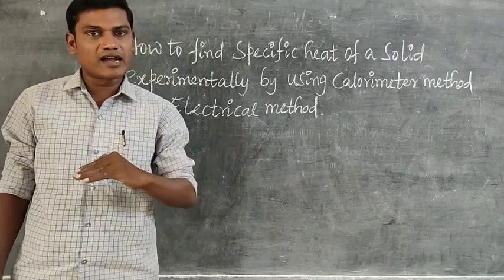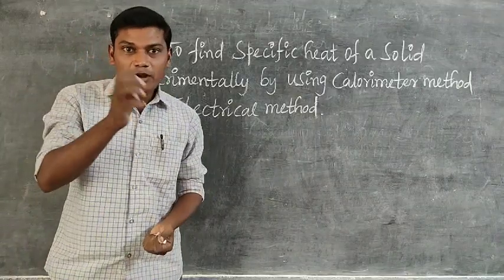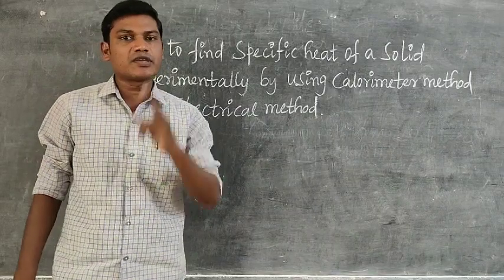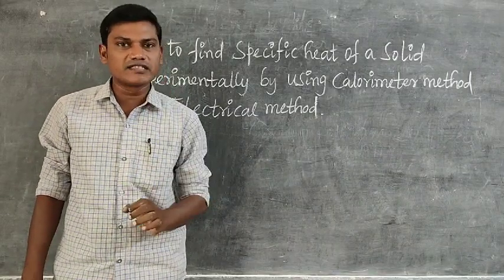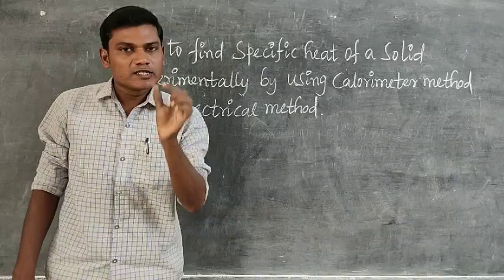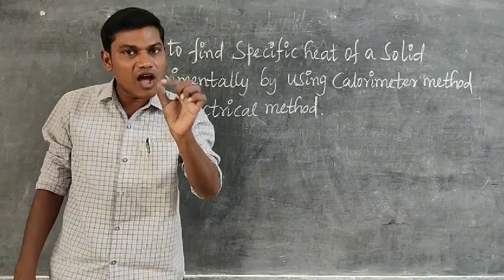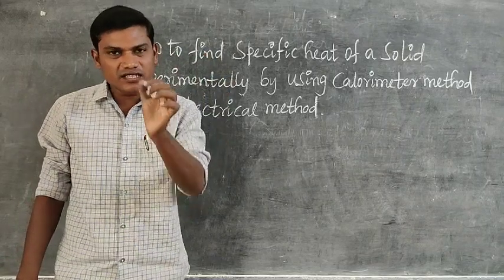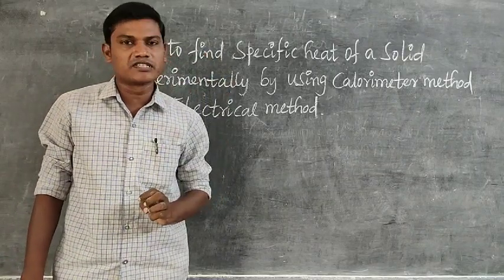In the calorimetric process, I would like to explain this concept in two modes. First, how we can find the specific heat capacity of a solid by using the calorimeter method. This concept is also in our textbook.